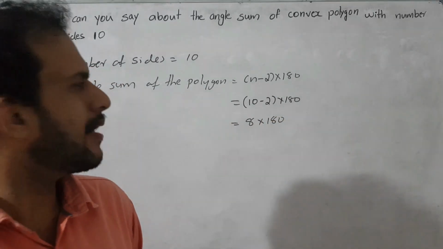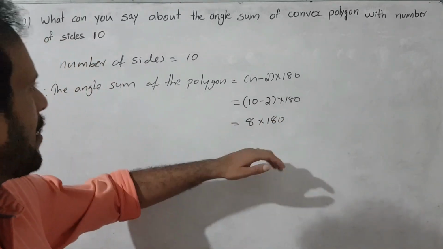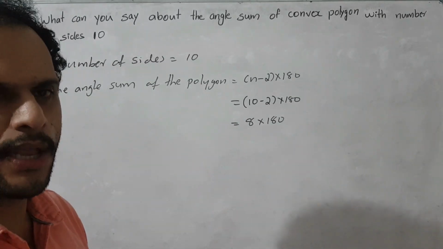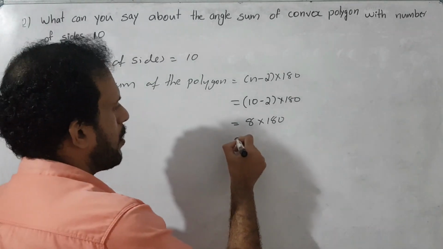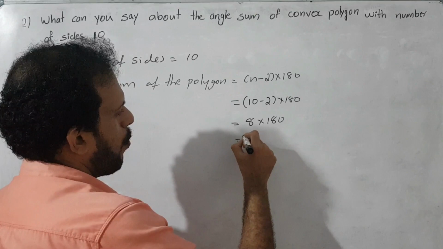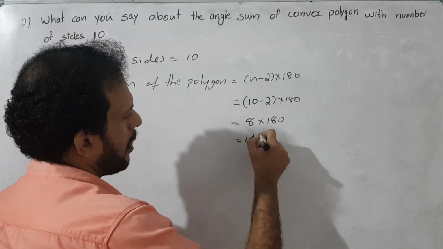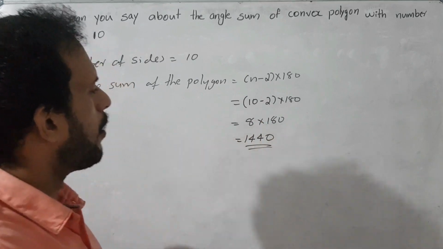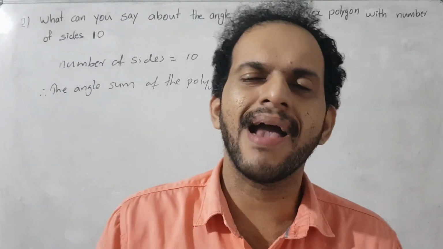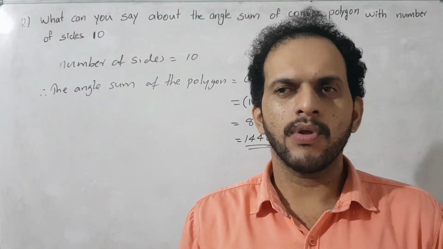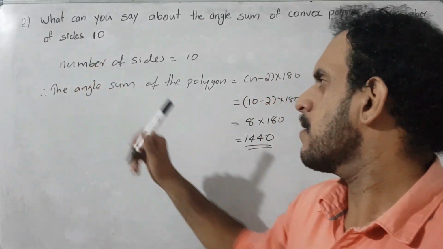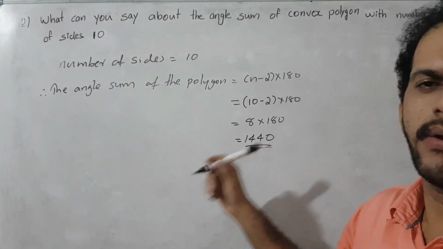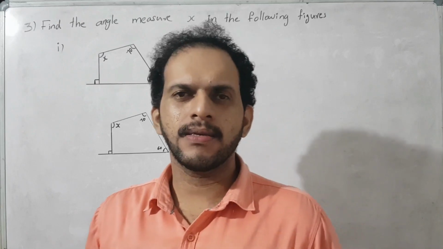The 8 into 180 is the angle sum of the polygon. What is the answer of 8 into 180? 8 into 180 is equal to 1440. Correct? So the angle sum of the polygon with 10 sides is 1440.